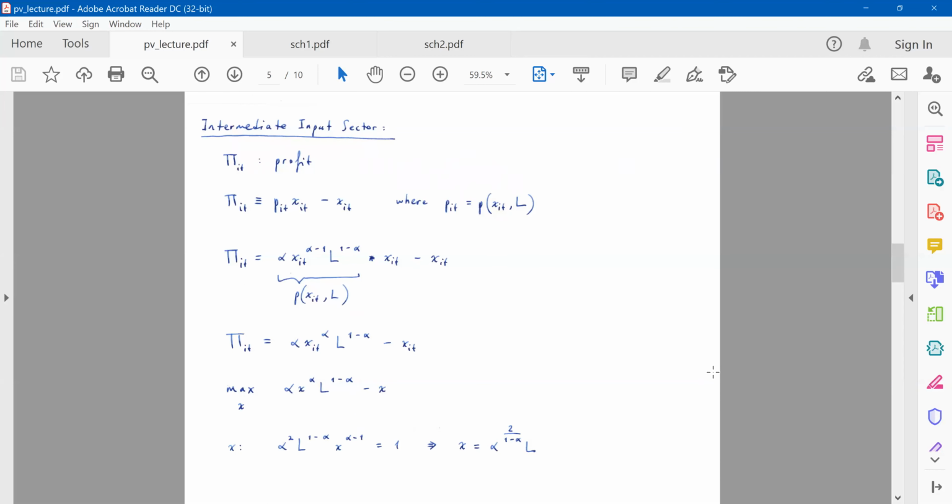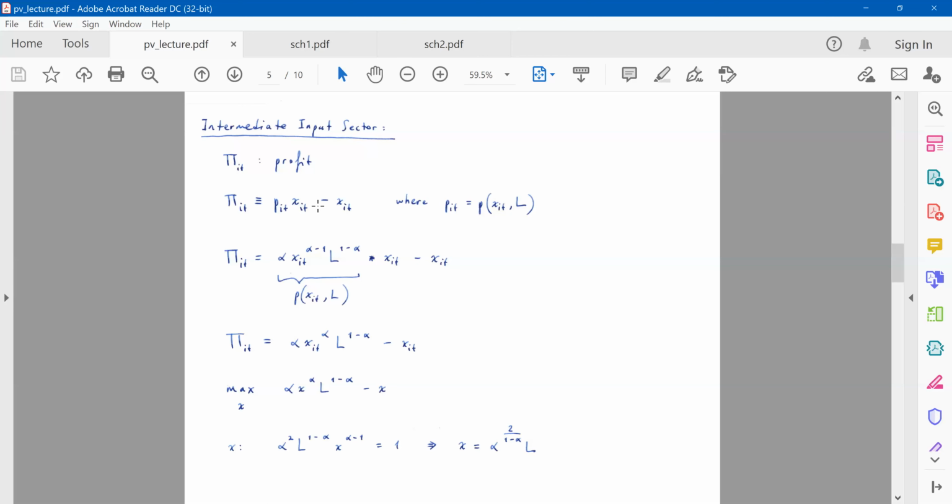Each machine is going to be produced by a single firm, all right? That single firm, by construction, is assumed to be the monopolist. Okay, so they have the intellectual property rights to produce that, and their profit will be written in this particular way. Okay, so what is that?